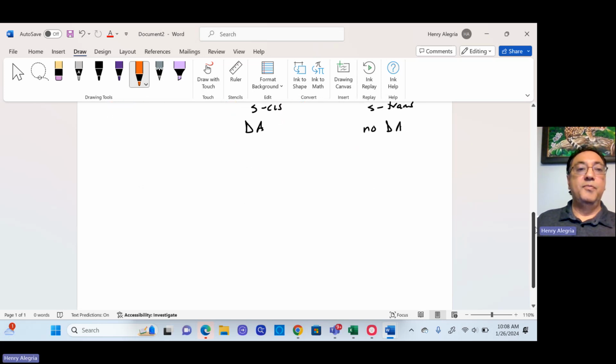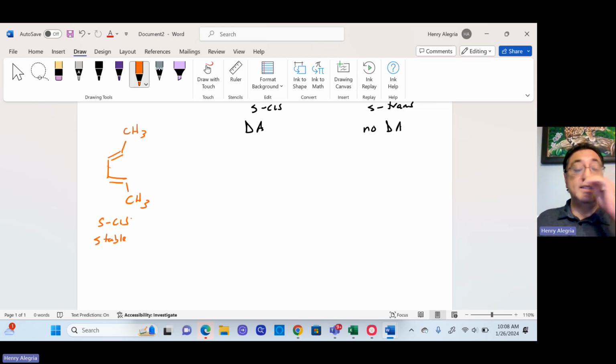Now consider a situation like this one. If I have a methyl group here and the methyl group there, there are no steric problems at all. So this is in the S-cis, which is what you need for Diels-Alder, and this is actually stable. So therefore, this is fine.